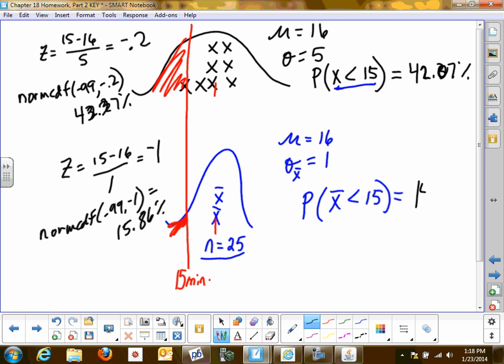So, what do you have to say about that? Is it more likely to find a time that's less than 15 minutes or an average of 25 times that's less than 15 minutes? A time is much easier to get than an entire average of 25 times.